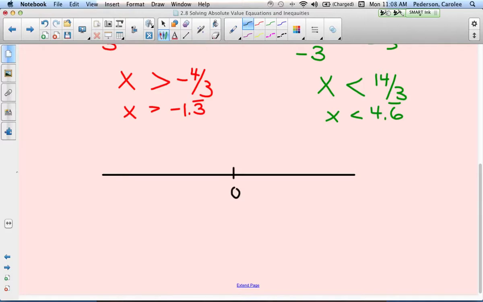Put a 0 here in the middle. -1, -2. And then 1, 2, 3, 4, 5. So we have x less than 4.6, with the open circle, less. And then the second one, negative 1 1/3, about here. And that is greater. So notice these two go together.